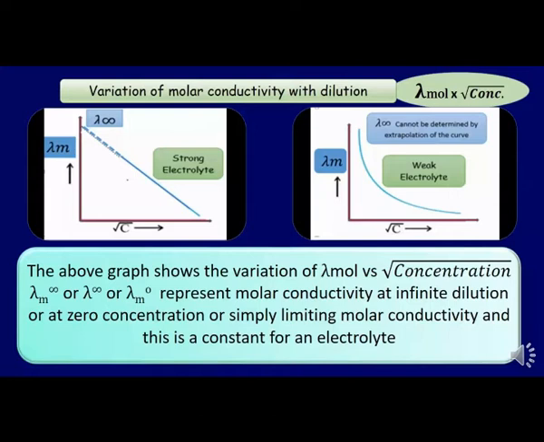We cannot calculate lambda infinity of a weak electrolyte because the graph of the weak electrolyte cannot be extrapolated.